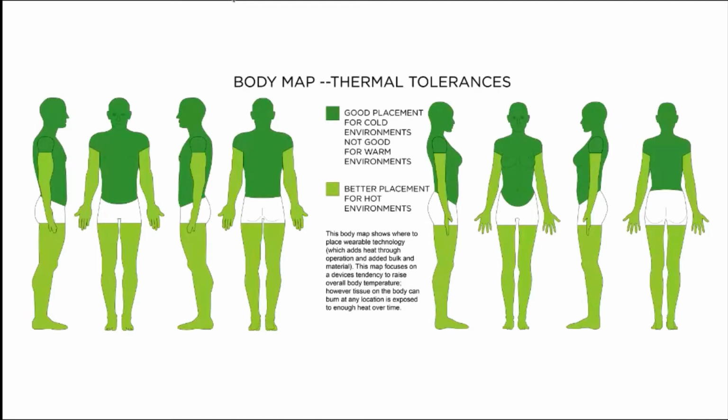So back to working through those, we have the thermal tolerances body map. This one is pretty simple because this body map is looking at where you can place things on the body so that they will or won't raise the body temperature. So placing things on the core, if they're going to heat up a lot, they're going to raise the overall body temperature.